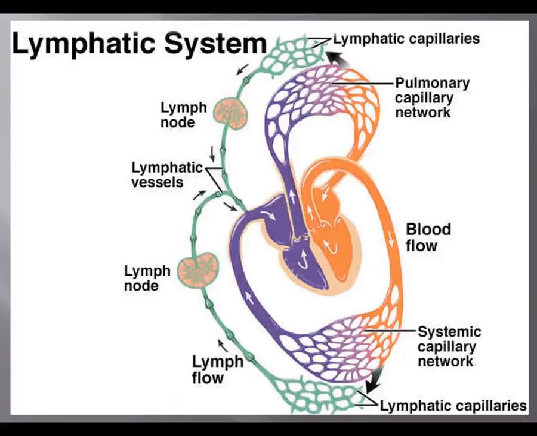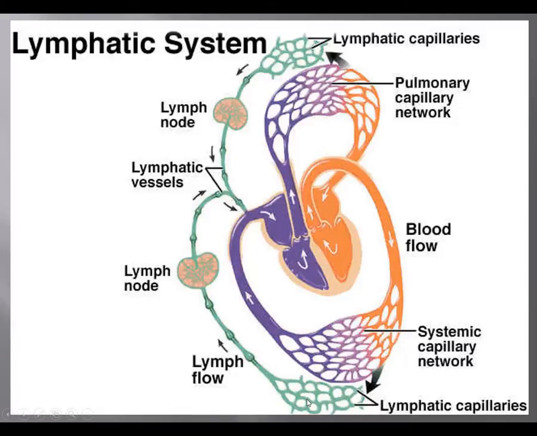This slide shows the clever circulation of lymph tissue. So blood circulates out of the arteries and back into the veins, but about 20 liters of fluid is extravasated into the tissues every day.